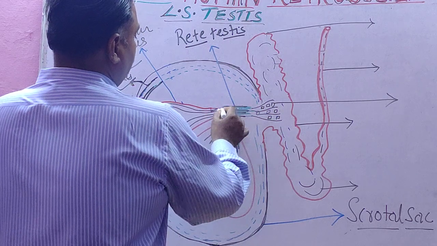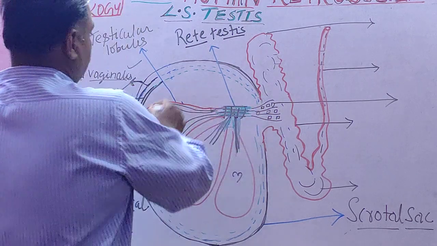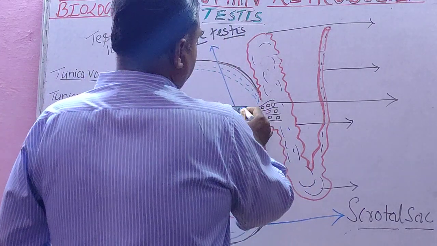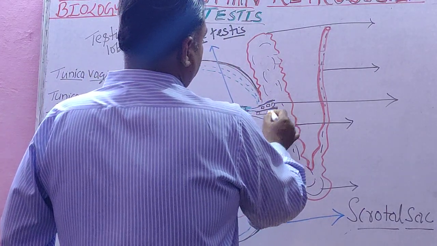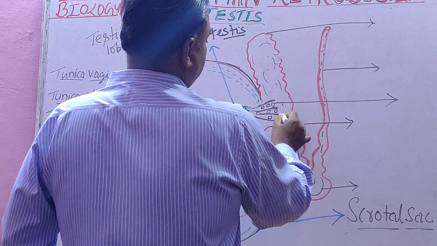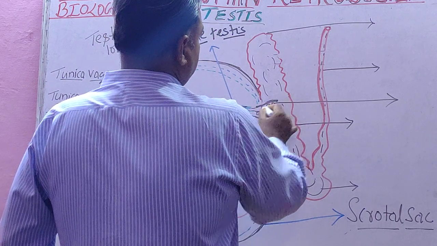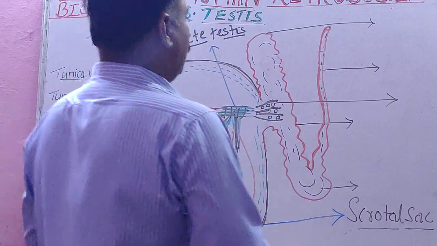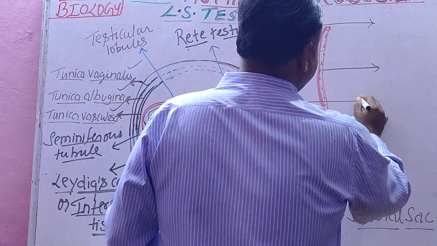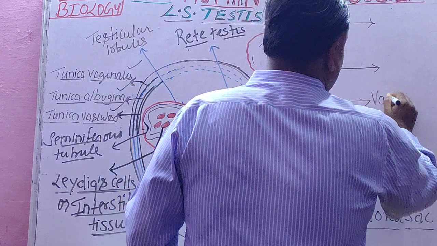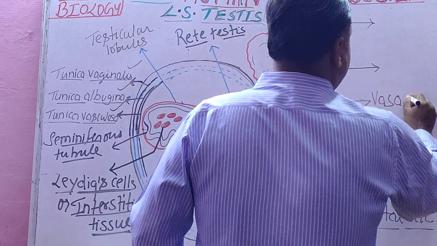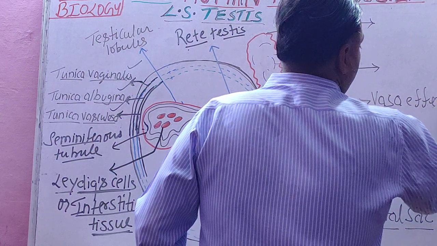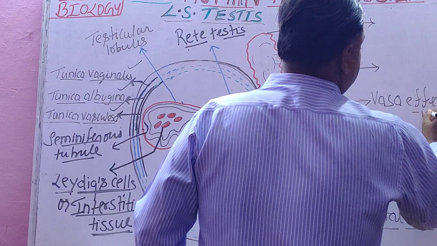Network coming out from these testicular lobules is called rete testis. And when this rete testis comes out here, it forms vasa efferentia or vas efferens. Vasa efferentia is plural and vas efferens is singular.